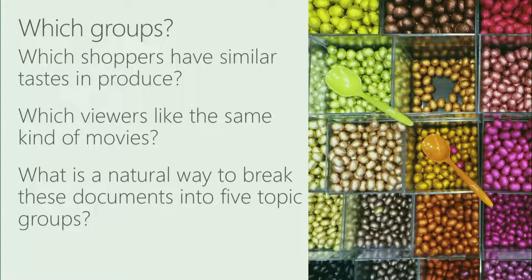That's not the only way to do it. We could separate them out by primary colors and all the other colors. We could measure them very carefully and separate them out by weight or by sugar content or by how perfect the M is printed on them. There's lots of different ways. They're all valid.